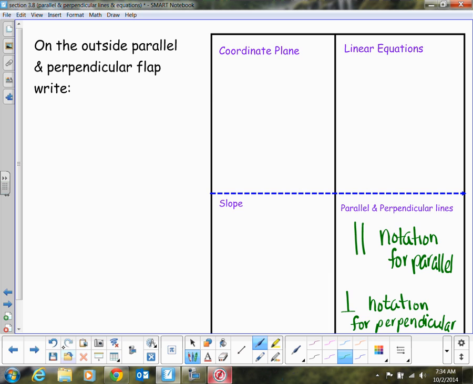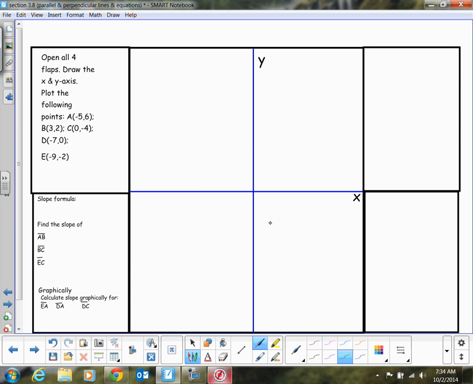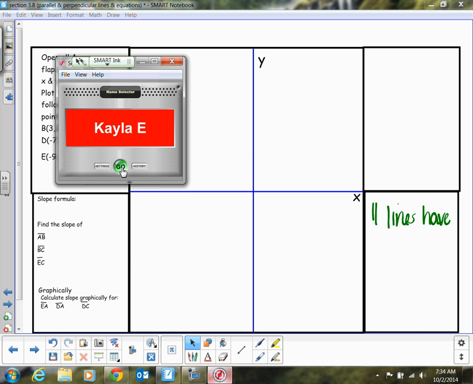On the inside flap, what do you think we're going to write? Parallel lines have what? What do we know about parallel lines? What is really important that we wrote on our sheet, Travis? No, we're looking for slopes.